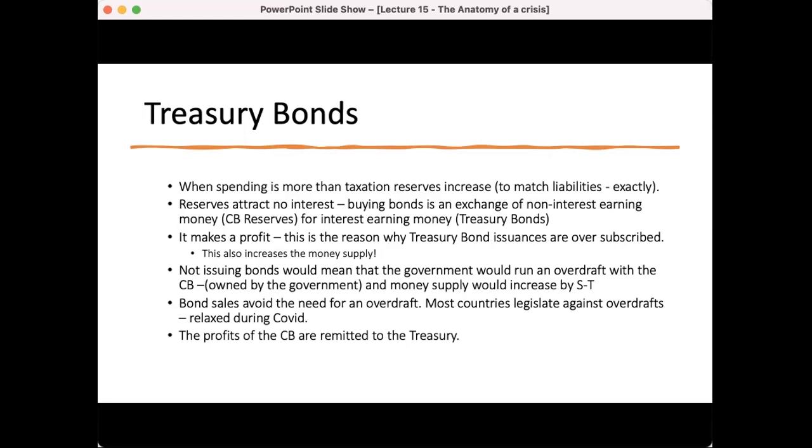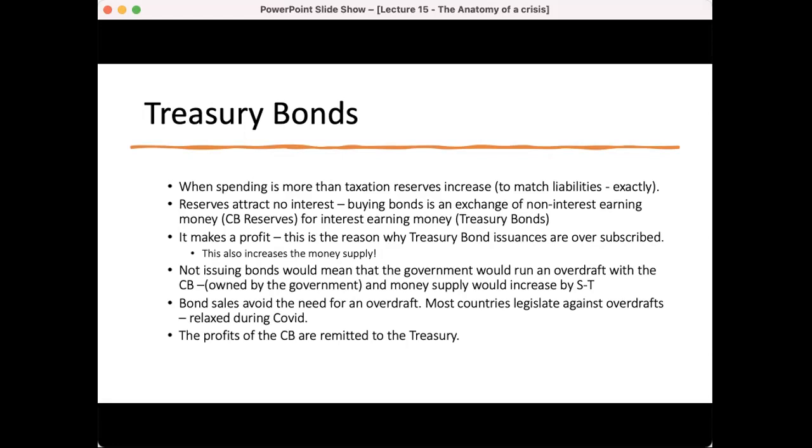And the last point on here says that the profits of the central bank are remitted to the treasury. And the reason that I've put that there is that should the central bank step into the market and buy bonds back off banks, then the central bank will receive the coupon payments, the interest rate payments that the banks were previously receiving.